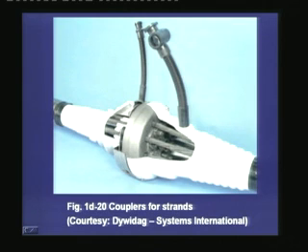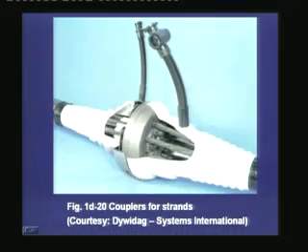This is another photograph where you can clearly see that the strands from the two sides are coupled together at this junction. Now, both the strands from the two sides are subjected to wedge action. Each individual strand is sitting in a wedge unit, and like that they are held in position by the coupler.